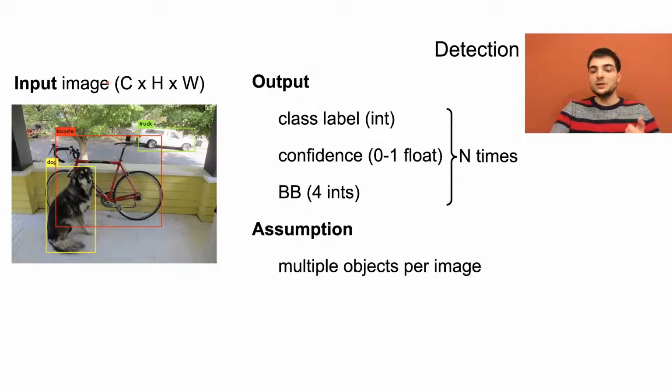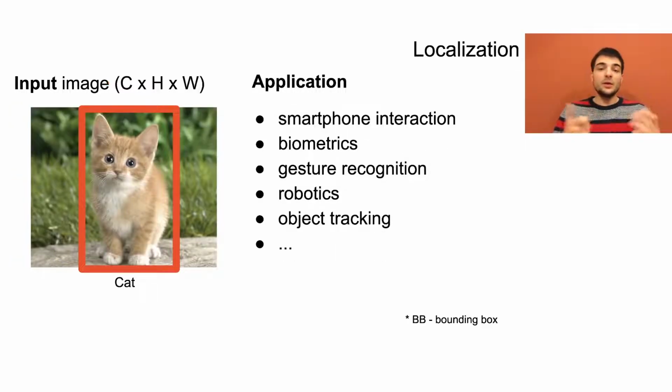So detection can be used in many different applications, like smartphone interaction, like you just detect something in the video while you open the camera. In biometrics, for example, we need to find the face on the image when you use Face ID or some other biometrical identification.